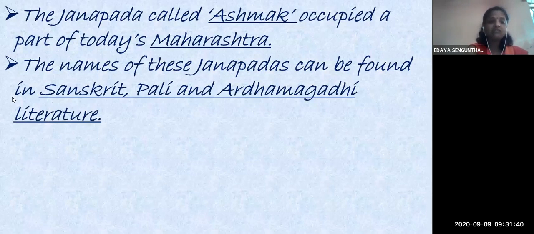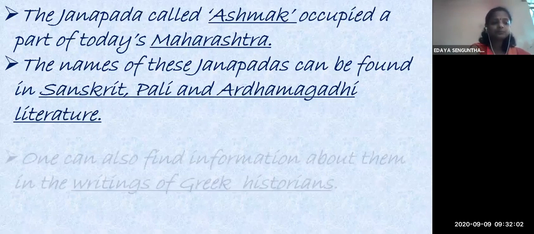These names we can find in written sources, that is in the literature of Sanskrit, Pali and Ardha-Magadhi. Today we have English and Hindi literature, but the languages which existed in the 6th century were Sanskrit, Pali and Ardha-Magadhi, and in this literature we can find the names of these Janapadas and Mahajanapadas.